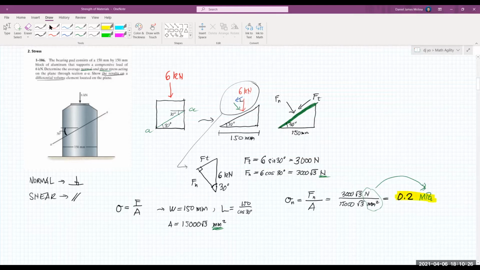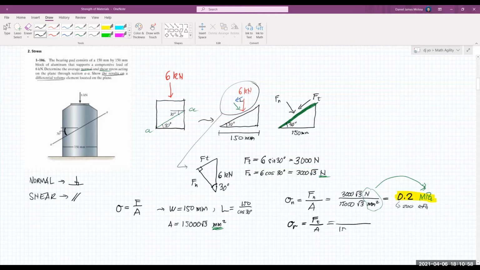0.2 megapascals, or you can convert this into kilopascals. That is 200 kilopascals. But since it's stress on a given material, the megapascal unit is more often used in metric units. Then similarly for the shear stress, we will use the tangential component, or the parallel component, divided by the area parallel to it, which is also the same.